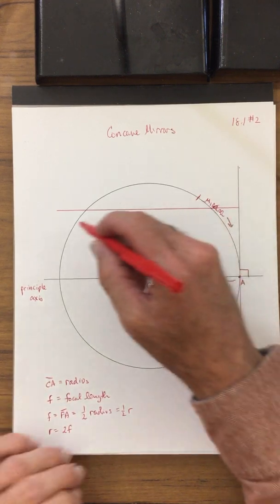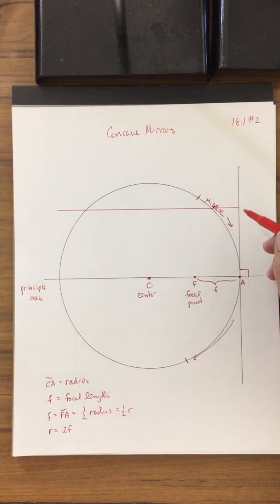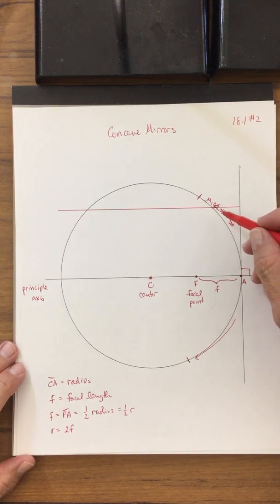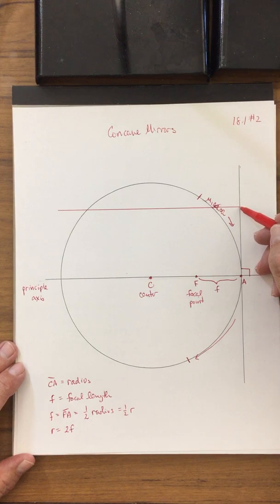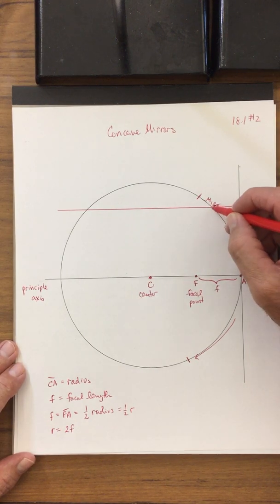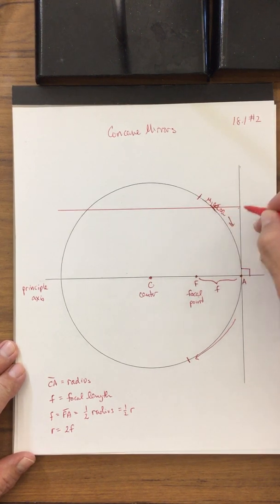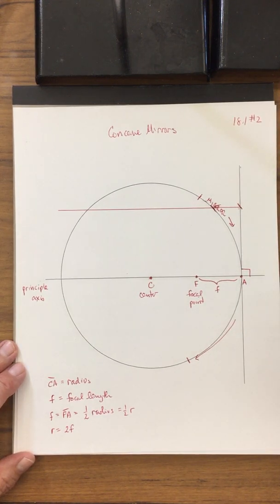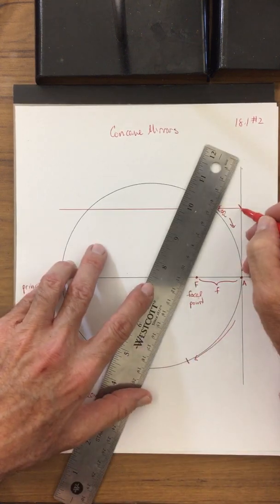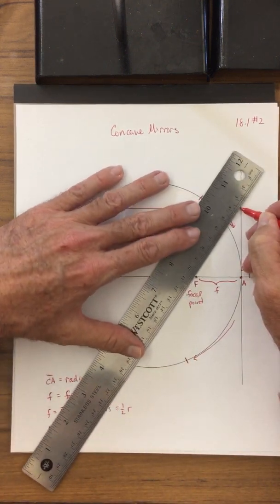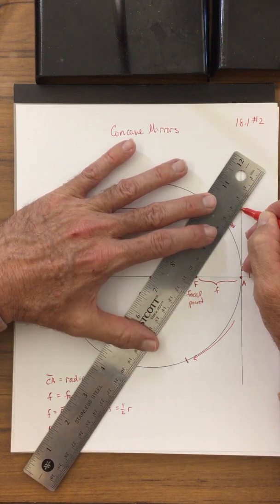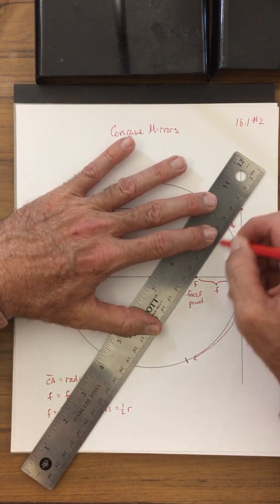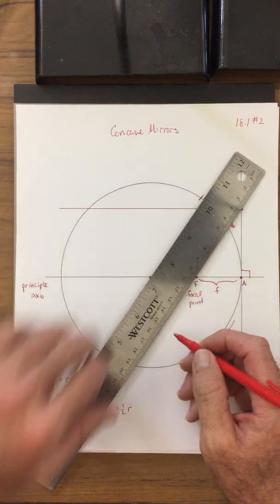So if a beam of light comes in, we're going to have a regular reflection off of that, and it's going to bounce off of that mirror. But again, it's going to be bouncing off this point right here. So we're going to take this portion of the mirror and put it right there, and imagine that it's right there. What's going to happen is this is going to have a regular reflection, and it's going to have the reflected ray go through the focal point like this.